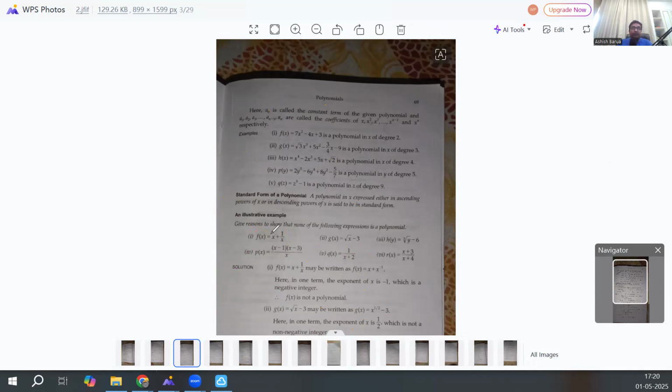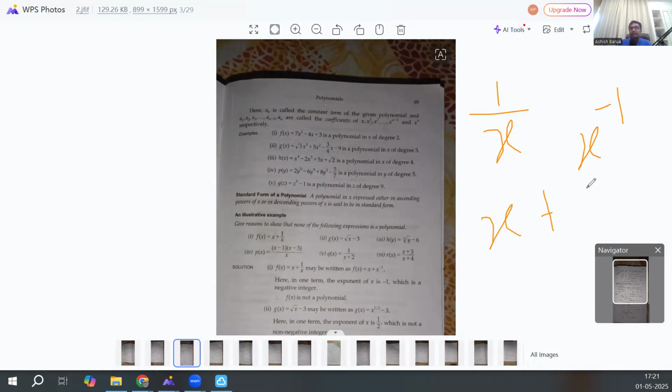Now here, f(x) is equal to x plus 1 by x. This term 1 by x means what? It can be written as x to the power minus 1. So x plus 1 by x means x plus x to the power minus 1.